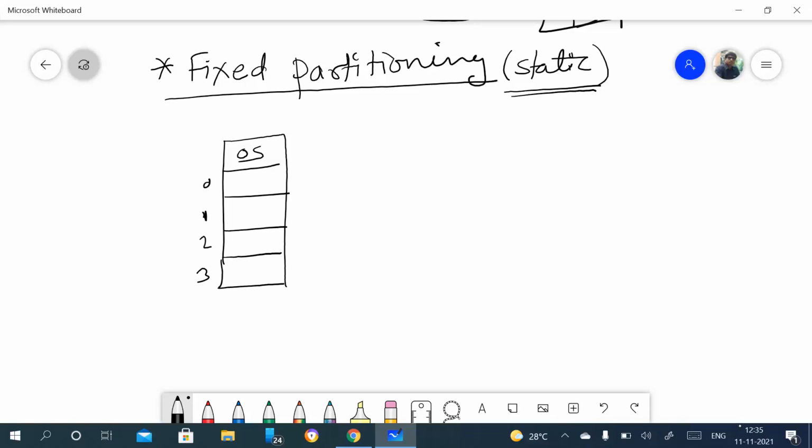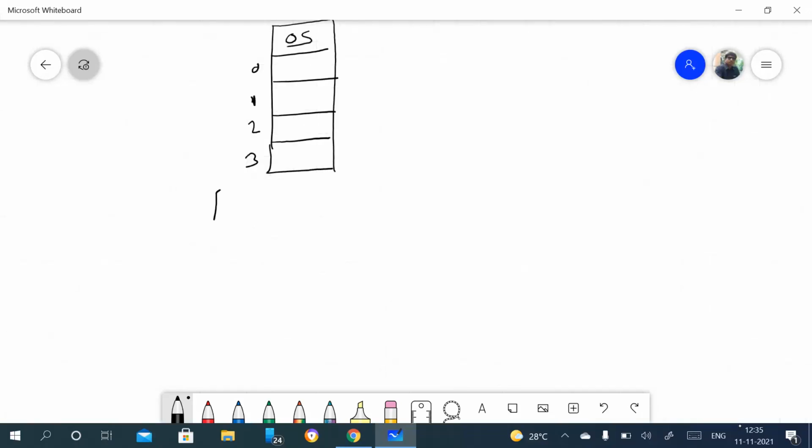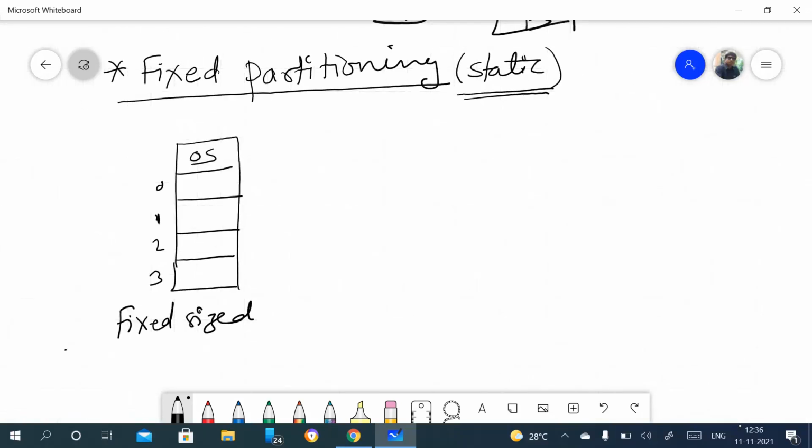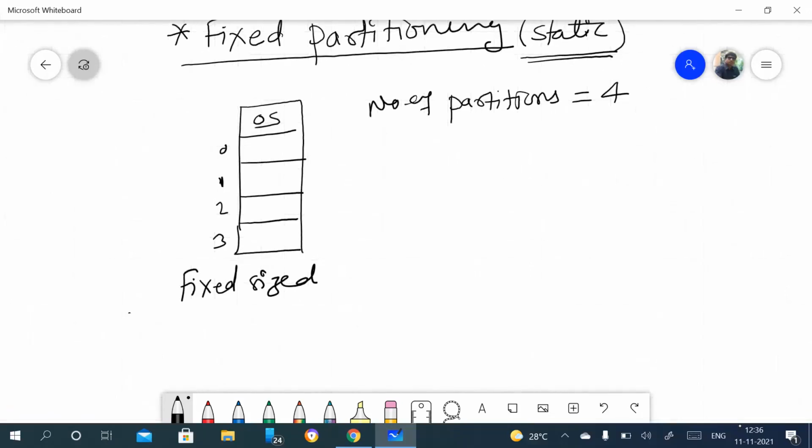The number of partitions is fixed, and the size is fixed.